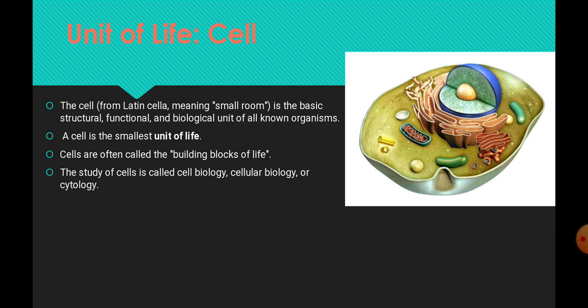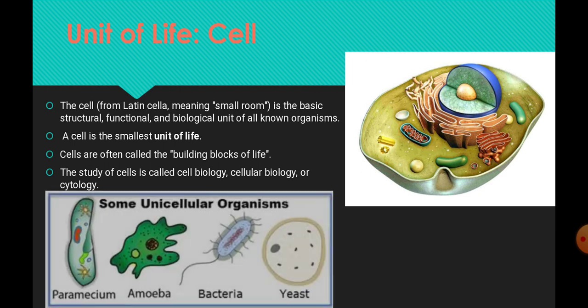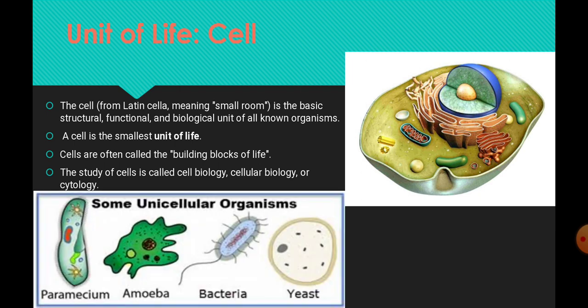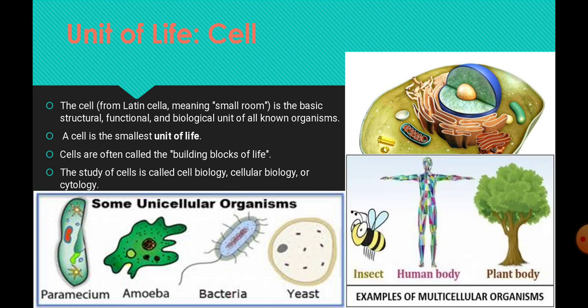Only one cell can show life, and living organisms that consist of only one cell are called unicellular organisms. For example, amoeba, bacteria, yeast are all only one cell. Many cells, billions, trillions of cells, make up life forms that are called multicellular organisms.